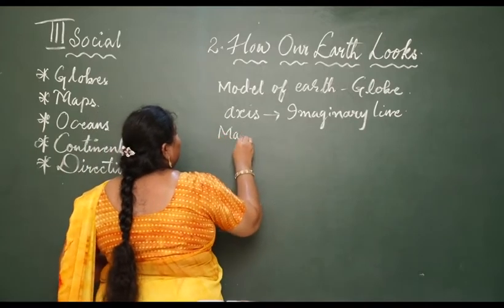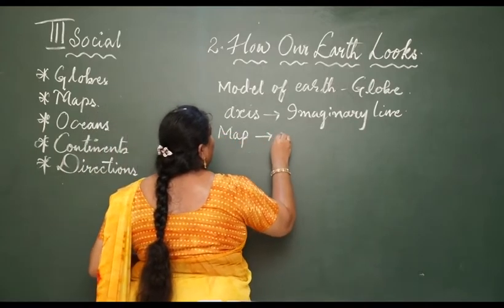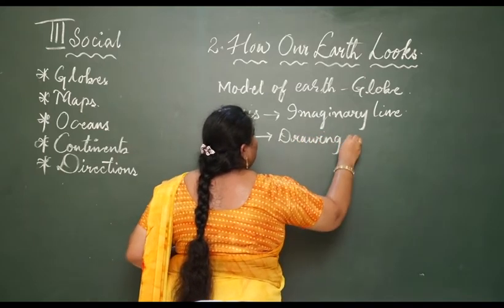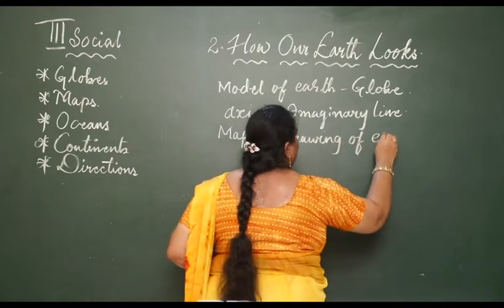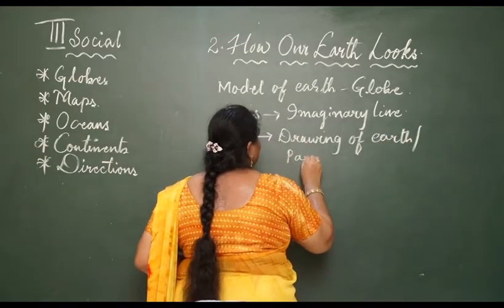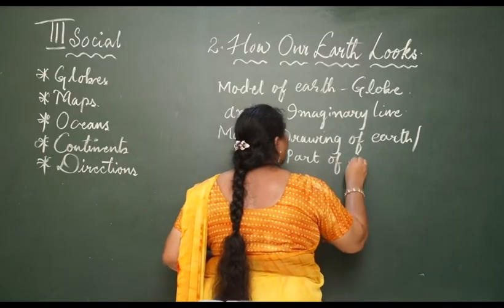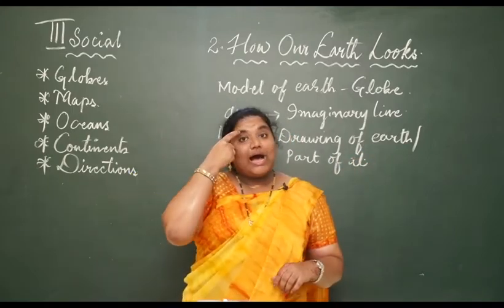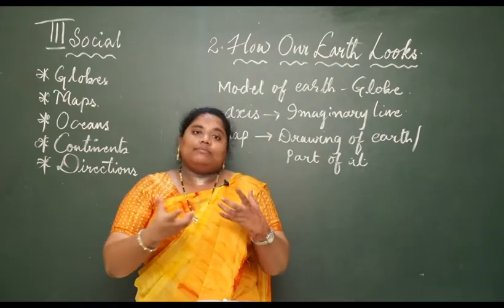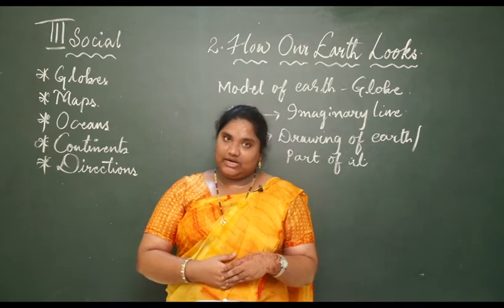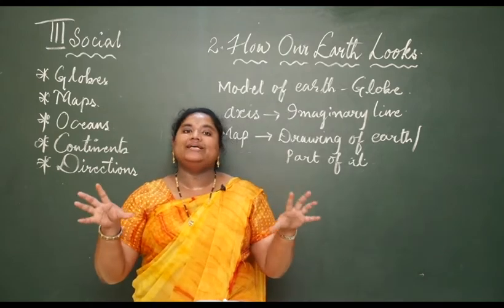A map is a drawing of the earth, or also a part of it, in detail. Globes are difficult to carry, whereas maps we can take easily and carry everywhere wherever needed, because it is on a flat surface called paper.